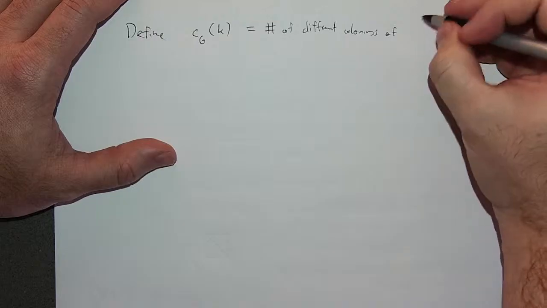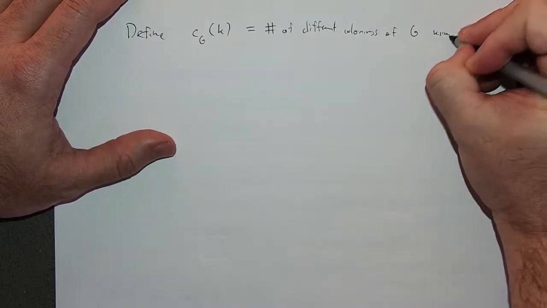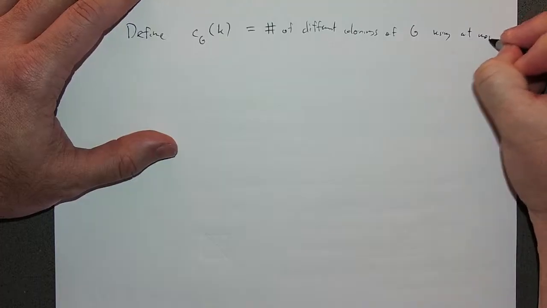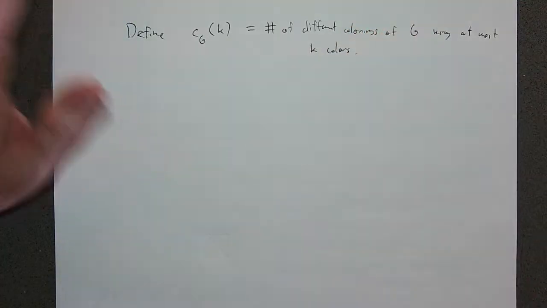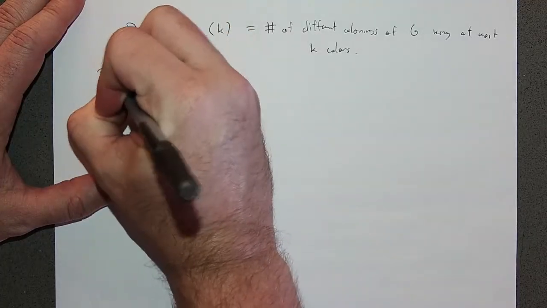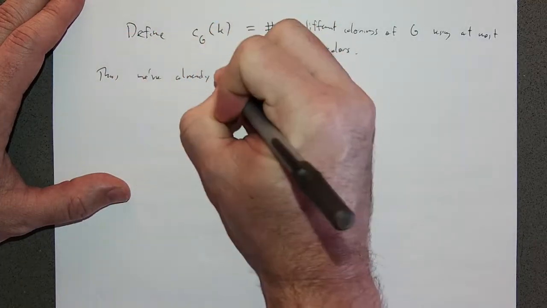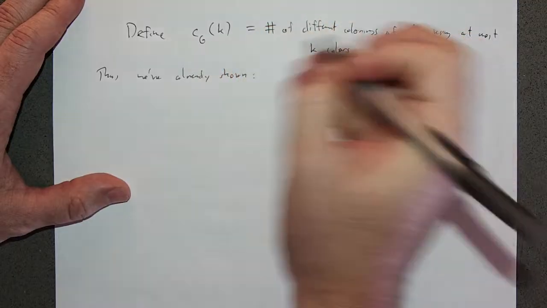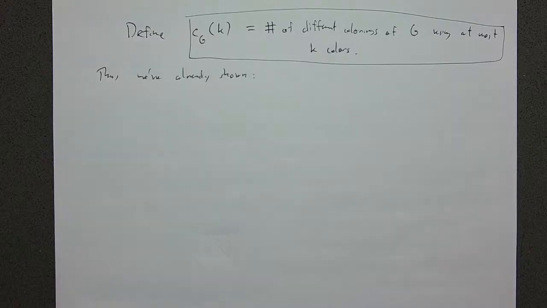This is the number of different colorings of G using at most K colors. So here's our definition for C sub G of K.